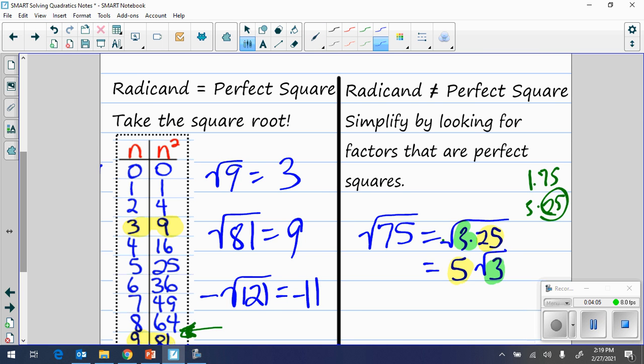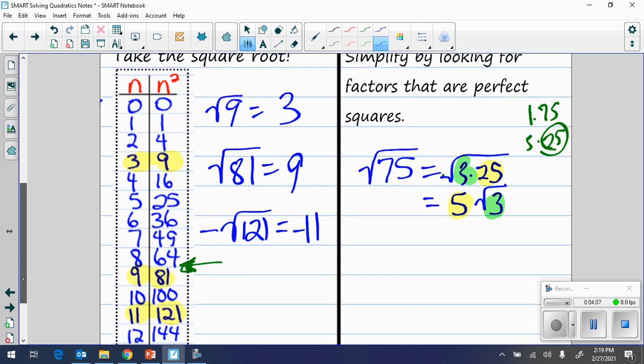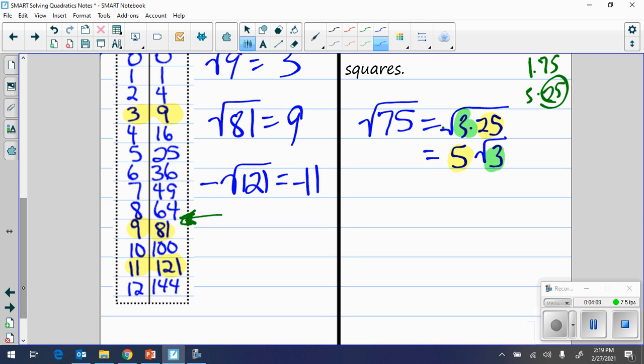Let's do another one. Let's do the square root of 700. Hopefully you can see right away, sometimes it's just going to scream at you.